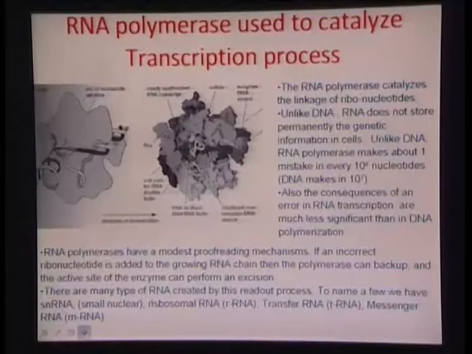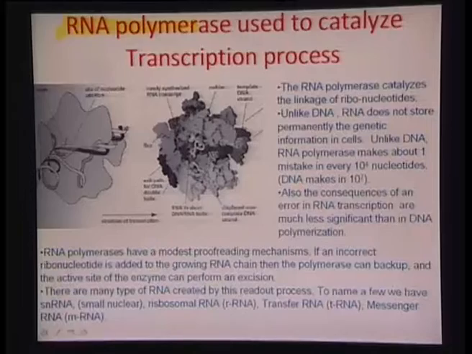So we use an enzyme which is able to read what is there on the DNA and produce compressed information as an RNA. This enzyme is known as RNA polymerase, and it is used as a catalyst to catalyze the transcription process.